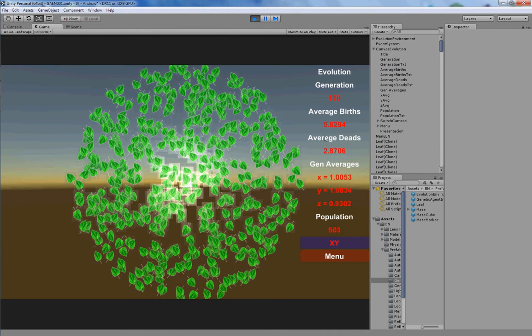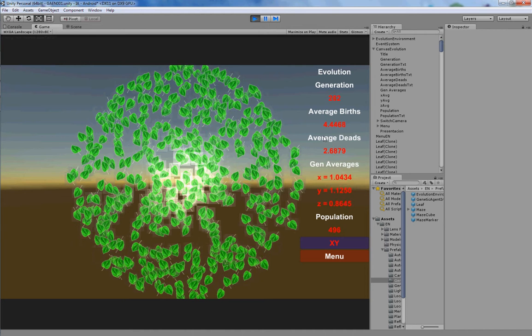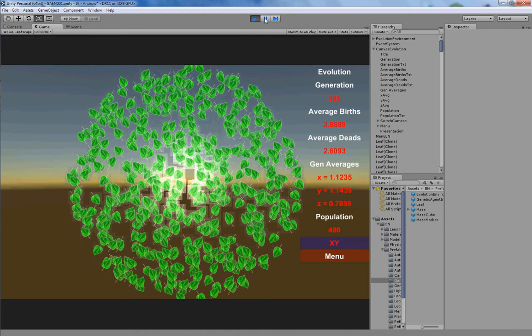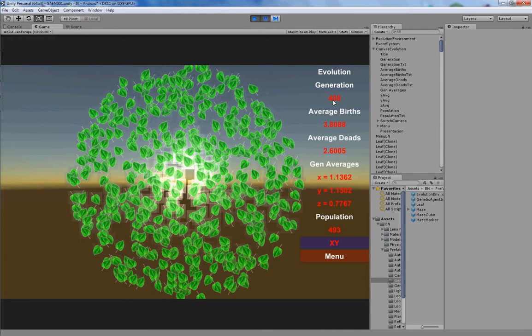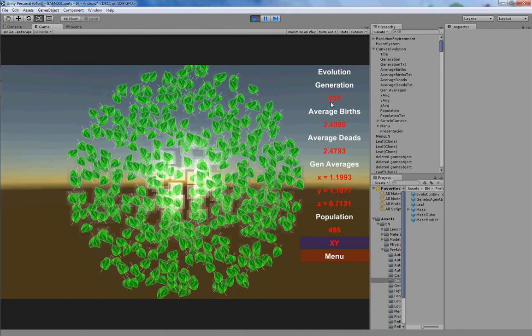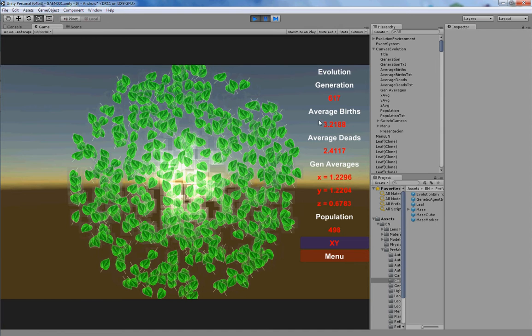These numbers on the right give us information about what's happening in the virtual world. The first tells us the generation number. As you see, the generations pass quickly. The second and third tell us how many births and deaths there are on average in each generation.